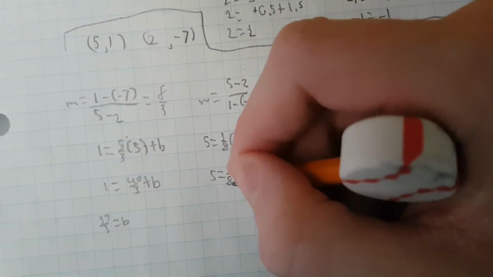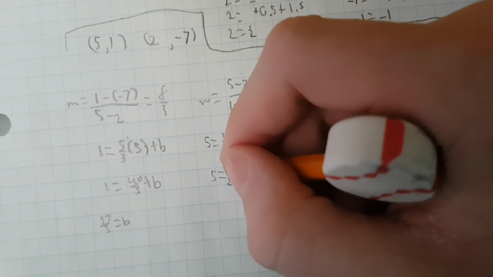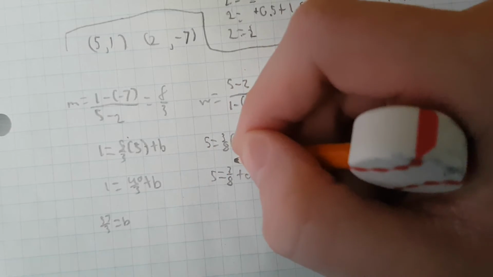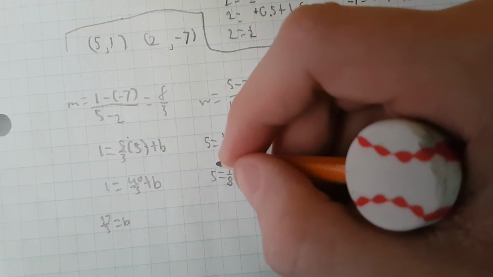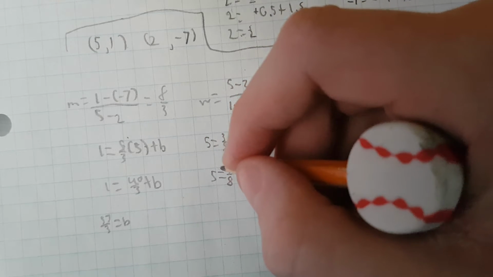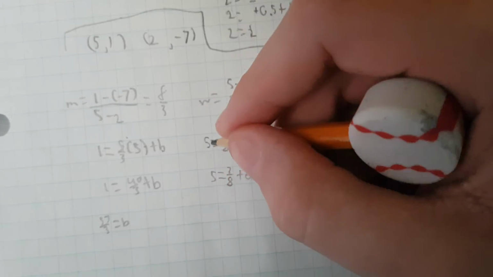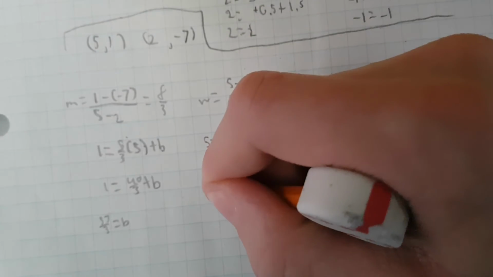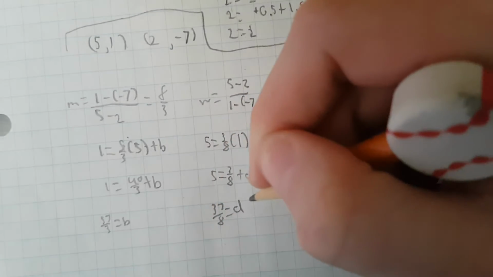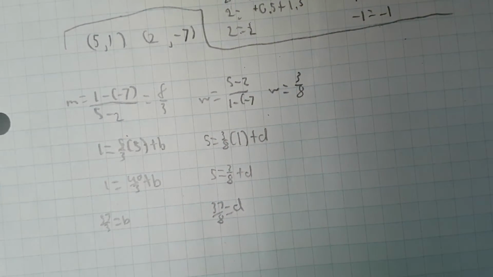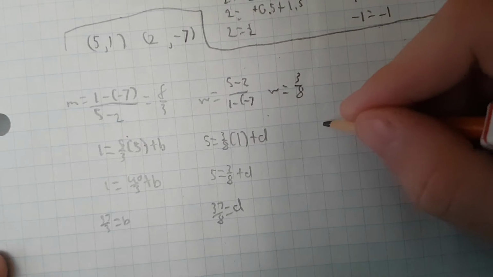And then subtracting 3/8. 5 times 8 is 40, so 40/8 minus 3/8. 40 minus 3 is 37. 37/8 equals d. So 37/3 is b, and 37/8 is d. I chose really bad numbers. How do I draw a graph with this?